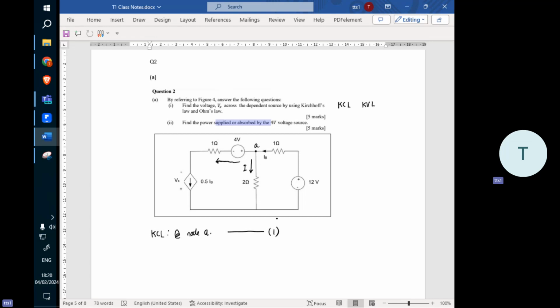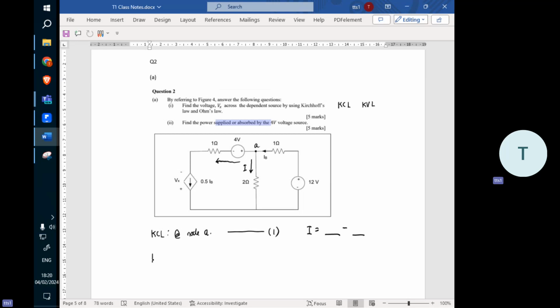So you can just put I at one side, I equal to something times IB, and put the rest to the other side. The answer is going to look like this: something minus something. This is going to be your first equation.